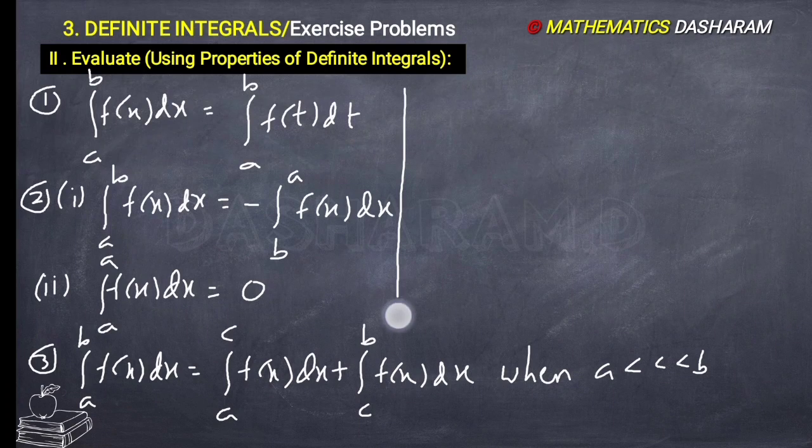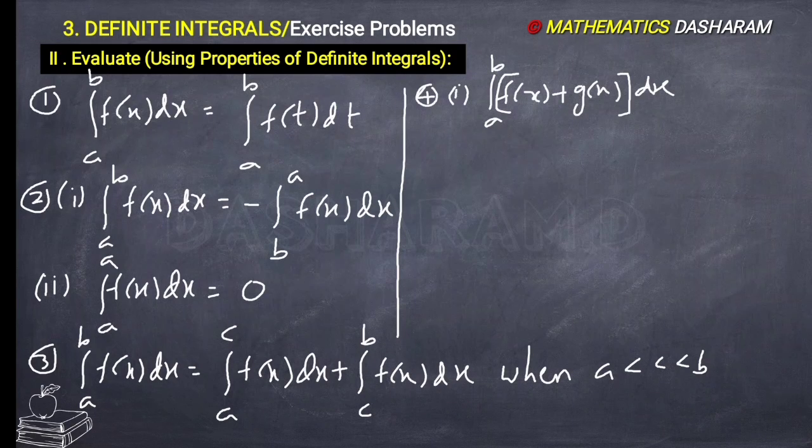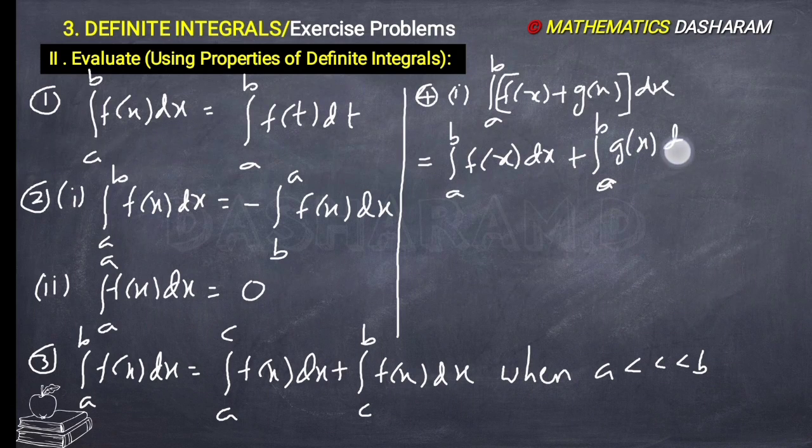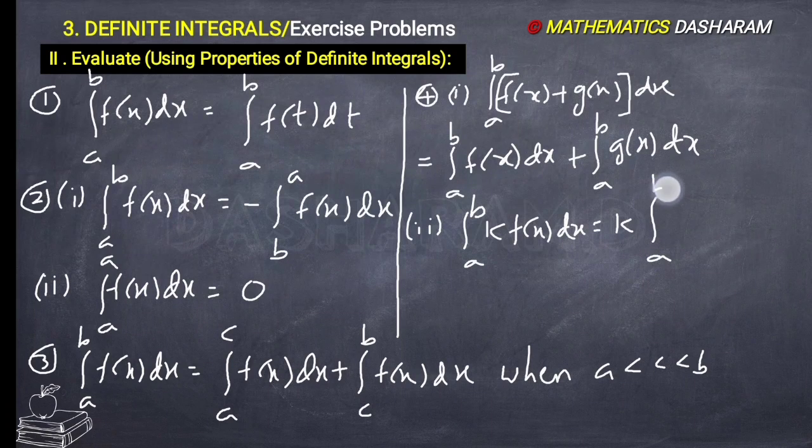Next, fourth property is integration a to b f of x plus g of x dx, where we can apply the integration for f of x and for g of x separately. Integration a to b k into f of x dx, here k is a constant, so k into integration a to b f of x dx.